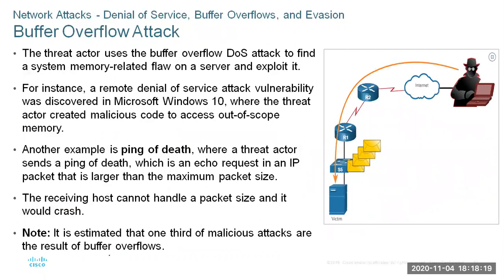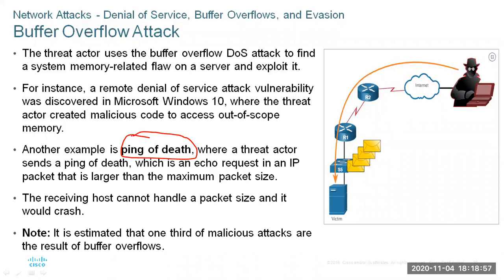Now, the threat actor uses the buffer overflow denial of service attack to find a system memory related flaw or problem on a server in order to exploit it. An example is what they call a ping of death. A ping is used to test the availability or reachability of an end device on a network.